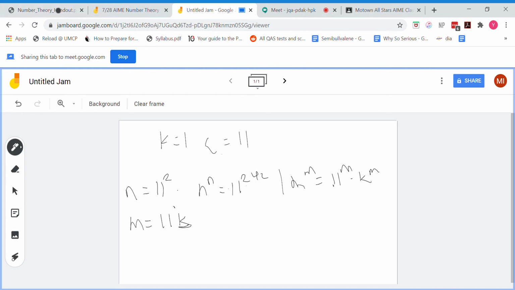And so 11 to the power of m must be divisible by 11 to the power of 242. So that means 242 must be at least m. Or m must be at least 242, correct? So m is at least 242.